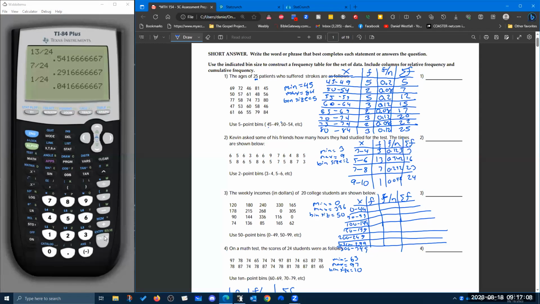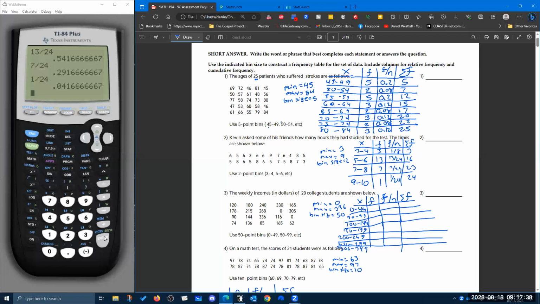But if I had written it as fractions, for instance, as 3 over 24 is 1/8, 13 over 24, 7 over 24, and 1 over 24, then it would add together exactly. 3 and 13 is 16, and 7 is 23, and 1 is 24.